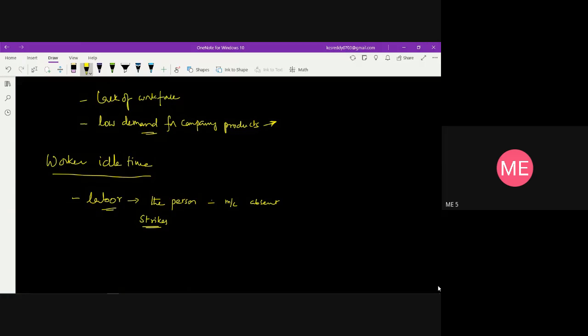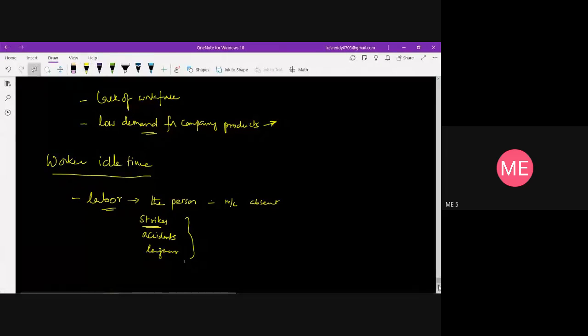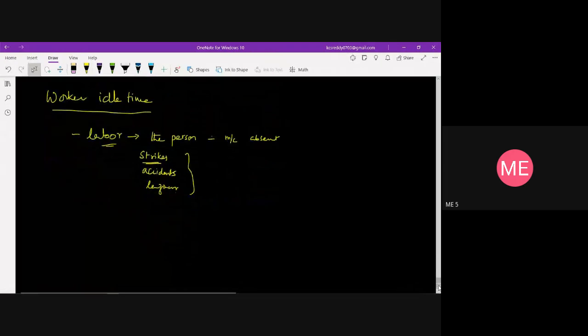Another reason may be accidents: if an accident happens, that person cannot work on the machines. Or it may be laziness. All these reasons may result in worker idle time.